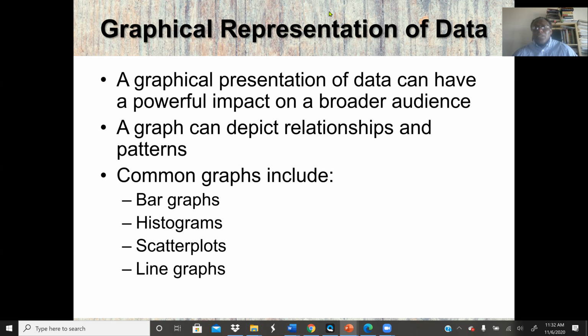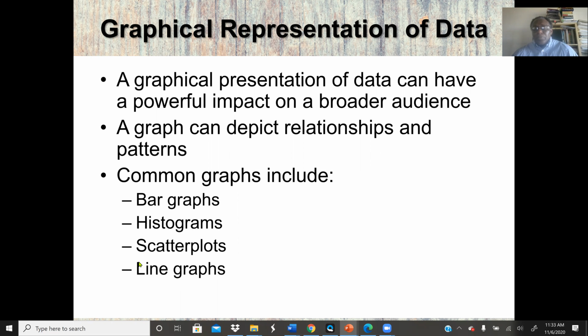So in statistics, we have different types of graphs. For example, the bar graph, histogram, scatterplot. Scatterplot is normally used if we have two variables and we want to find a relationship between them. So we're going to have X and Y, and we can see the pattern of the data. The scatterplot is almost the same as a line graph.